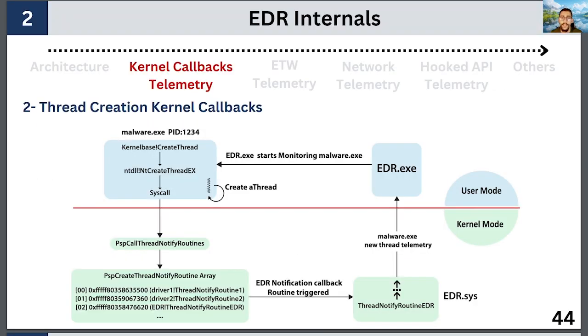This diagram illustrates the execution flow of a thread creation event that triggers a kernel callback leading to EDR telemetry collection. A process, malware.exe with PID 1234, initiates the creation of a new thread inside its memory. The thread creation flow follows these steps. The malware.exe calls the Win32 API CreateThread exported by kernelbase, which is used to create a new thread inside a process.